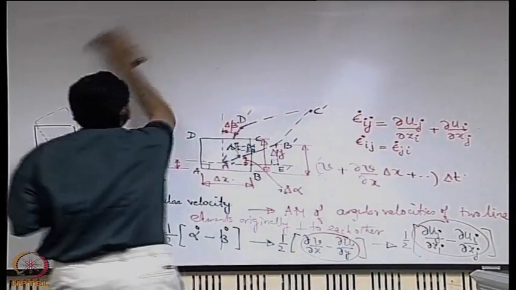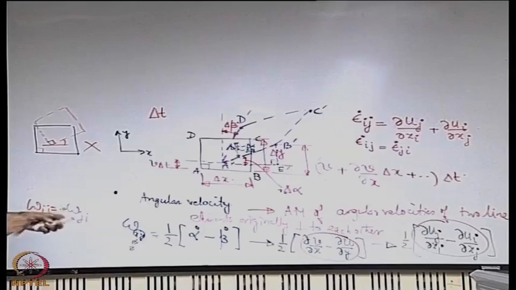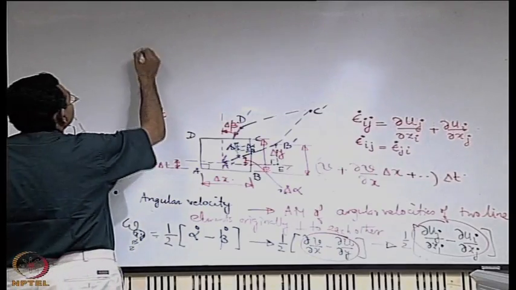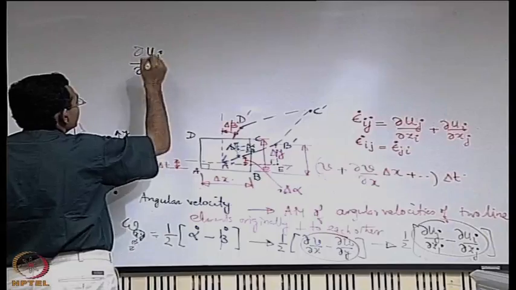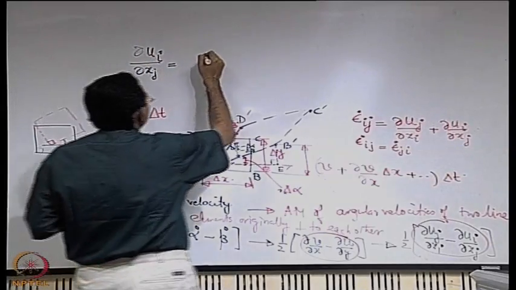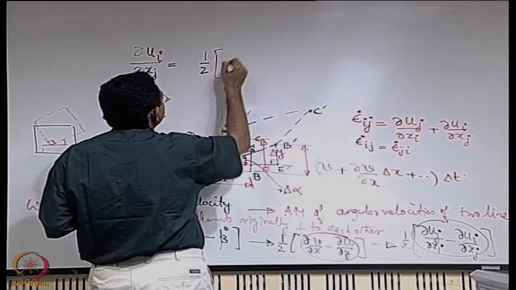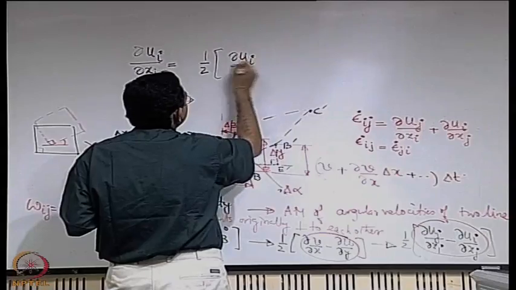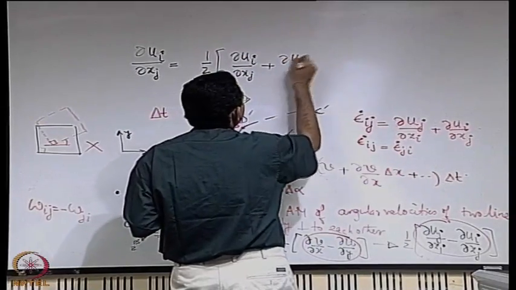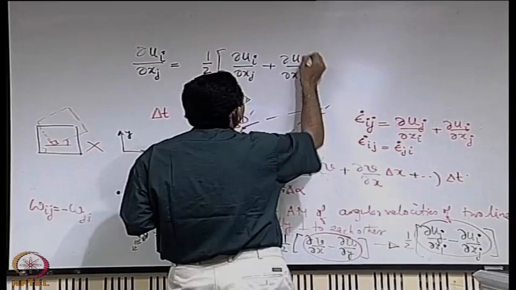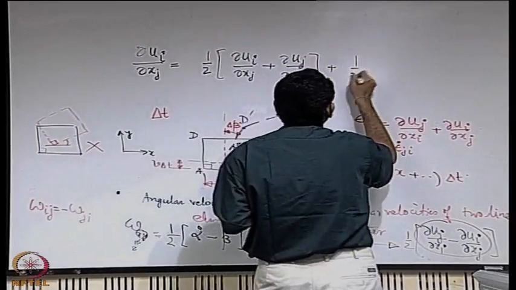Now it is possible to combine these two deformations and write it in a very straightforward way. That is, you can write the partial derivative of ui with respect to xj as this one plus this one.